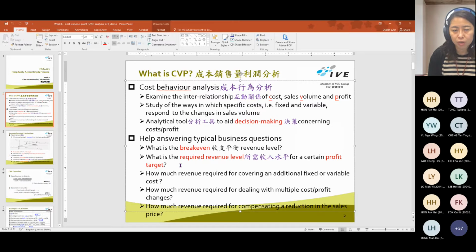So that's why they are really very close elements, which have an interrelationship affecting each other. So this is a quite useful tool for making decisions if you apply the formula in the calculation of break-even or required revenue levels, because you have to make profit.